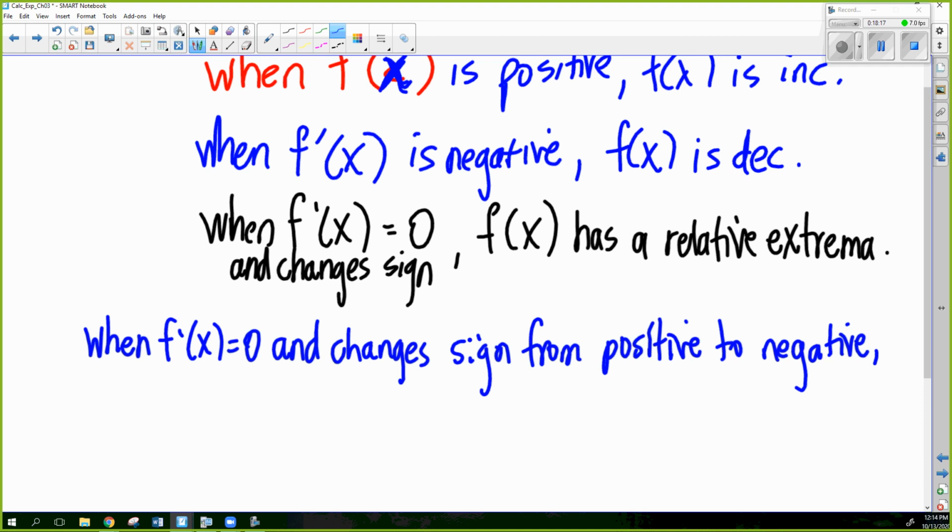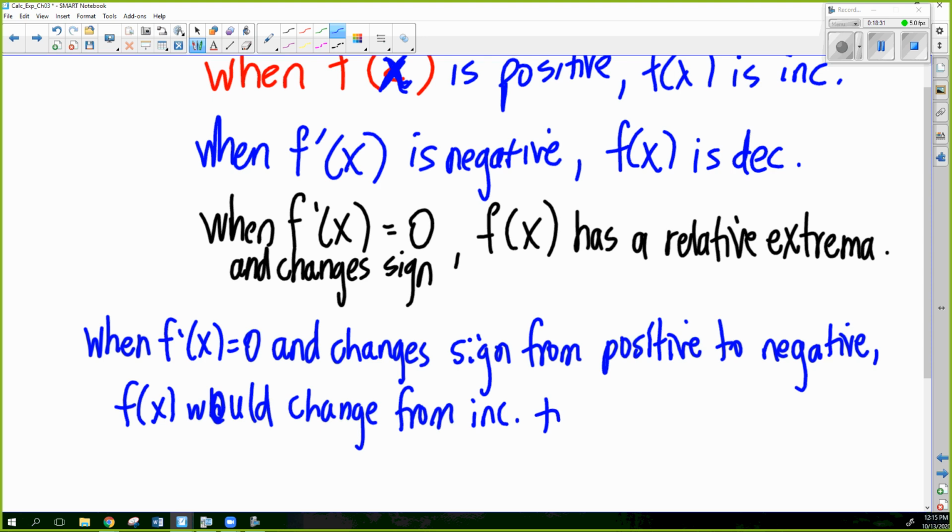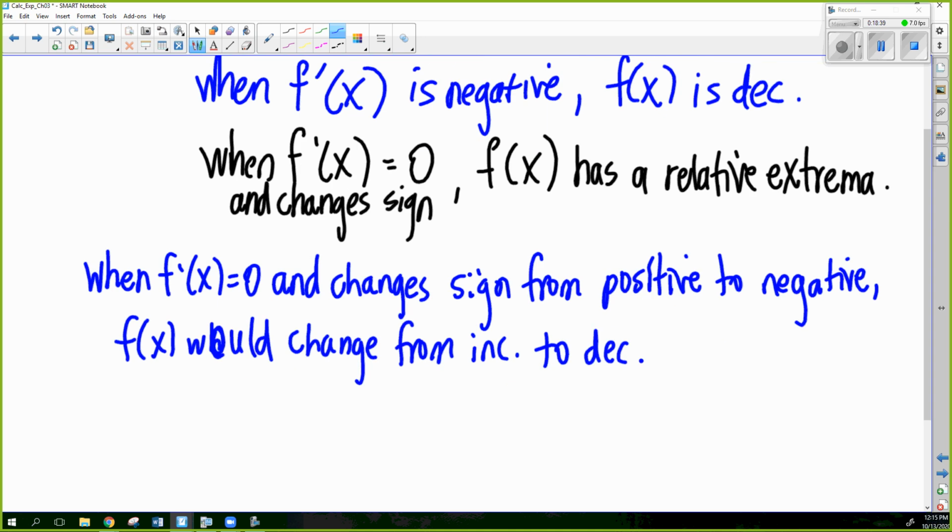Let's put a whole lot of stuff together. F of x would change from increasing to decreasing. Well, if you go up and then you go down, what's at the top? A maximum, right?